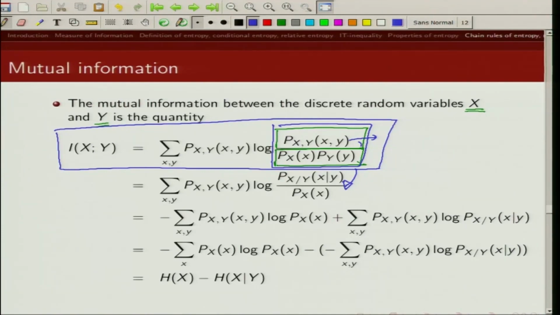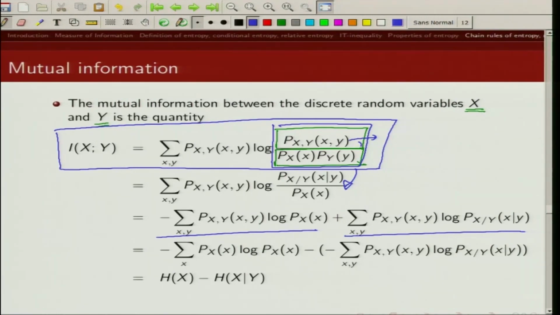Now log of A by B can be written as log of A minus log of B. So we can write this as summation over p of x y log of 1 by p of x, that is this term, and then summation over p of x y log of p of x given y, that is this term.